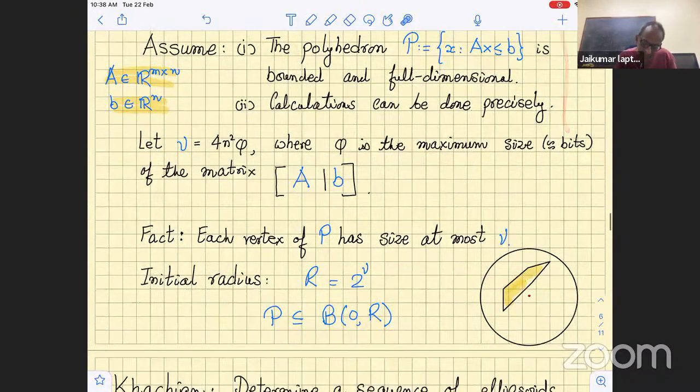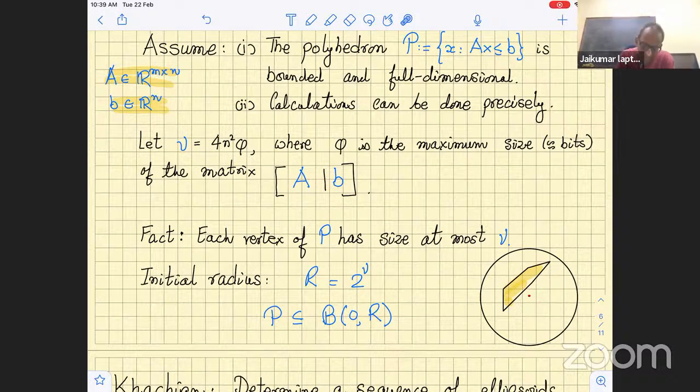And now, we have been given this system. Let us look at this matrix where A is the original matrix and you have stuck B here. And let phi be the maximum size in bits, the maximum size of a scalar that appears in this matrix. By size, I mean its binary representation, and let us just add 1 to the binary representation so that 0, etc. don't get messed up.